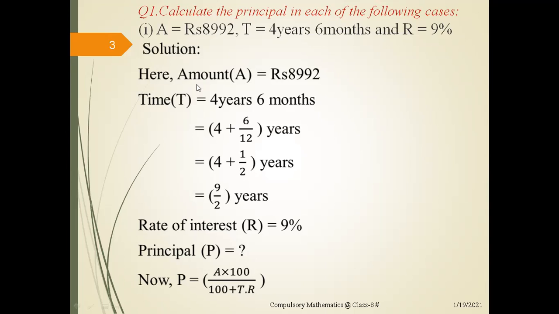Time equals 4 years and 6 months. As I told you, 6 months we convert into years by dividing by 12, so it will be 1 by 2. Then 2 fours are 8, 8 plus 1 is 9, so 9 by 2 years. The rate of interest is 9% per annum. Principal equals what? Use the formula: principal equals amount into 100 by 100 plus T into R. Then we proceed.